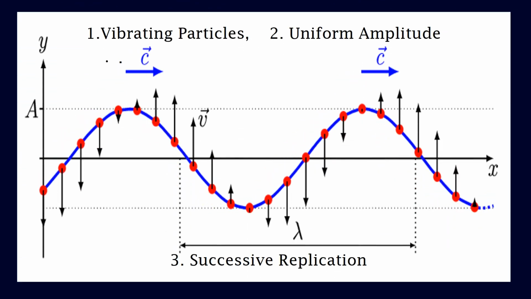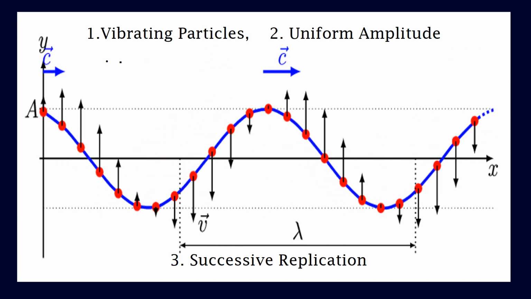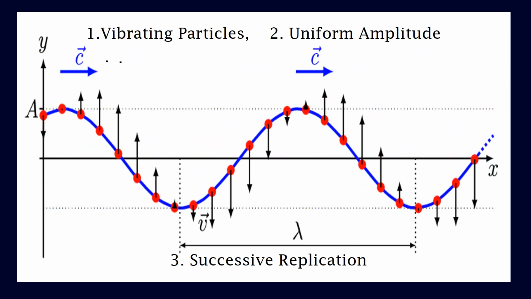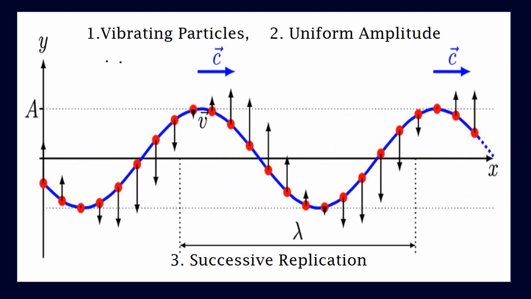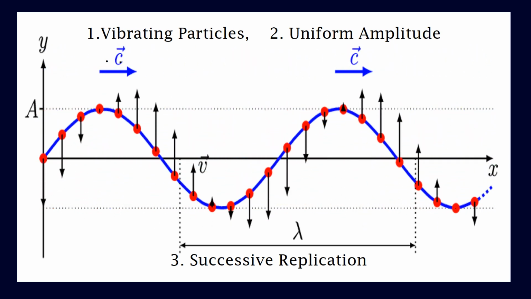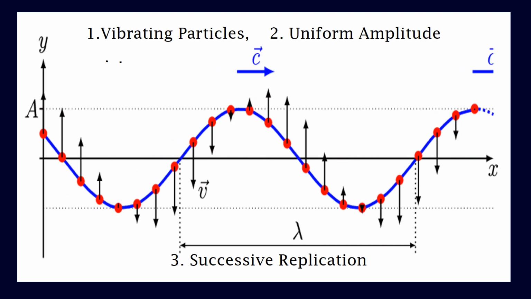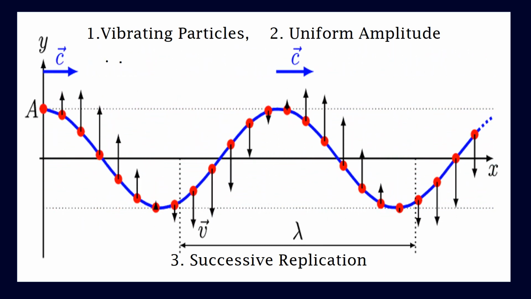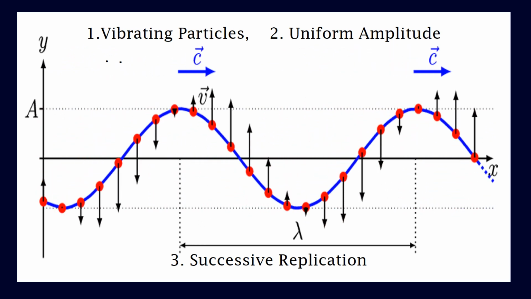Let's go through the characteristics of a progressive wave. Vibrating particles: particles move around their mean position, creating a disturbance that travels through the medium. Uniform amplitude: all particles vibrate with the same amplitude, indicating a constant range of motion.